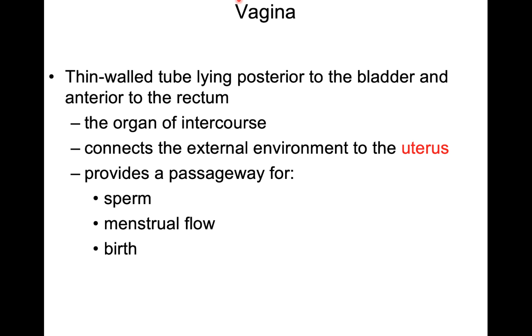Urine only comes out of the urethra for females. So females and males are a little bit different in the fact that for males, their urethra is used for urine and semen. For females, the urethra is used for just urine. The entrance and exit for sperm and baby is going to be the vagina.